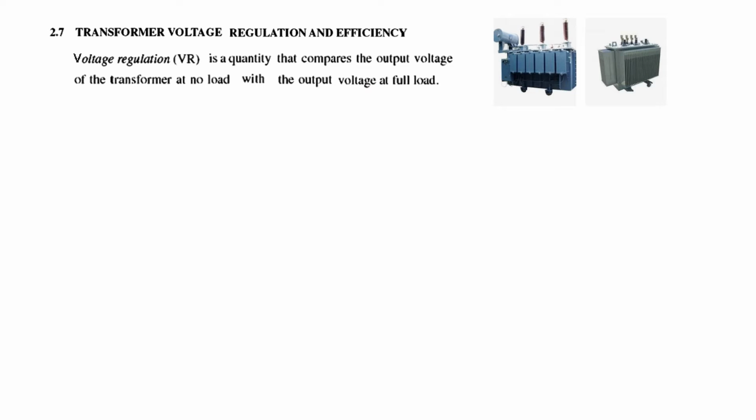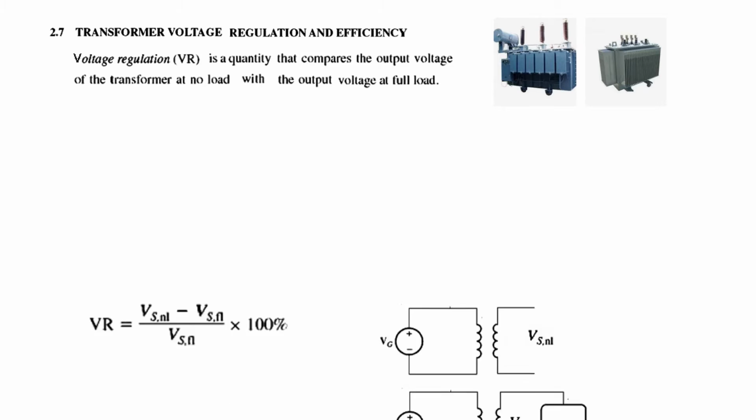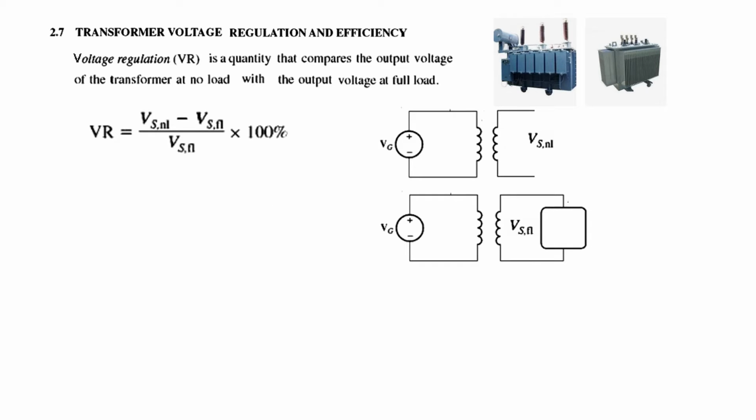And when we convert that voltage drop in terms of a percentage, then it is called voltage regulation. Mathematically, we can write that the voltage regulation is the output voltage, secondary voltage Vs at no load minus Vs at full load.